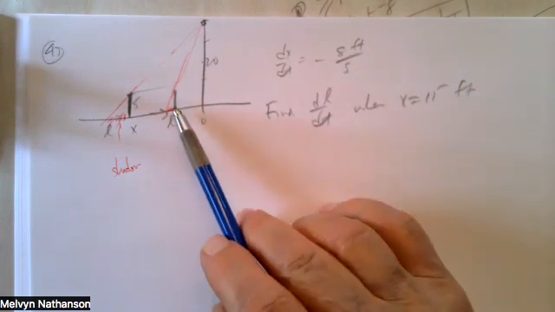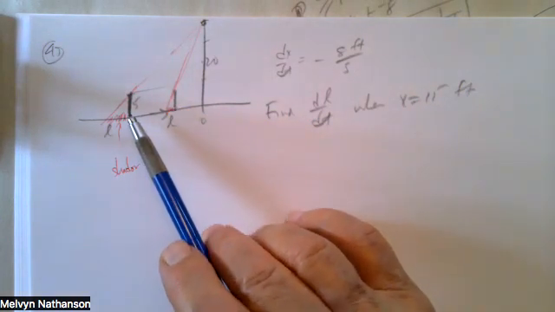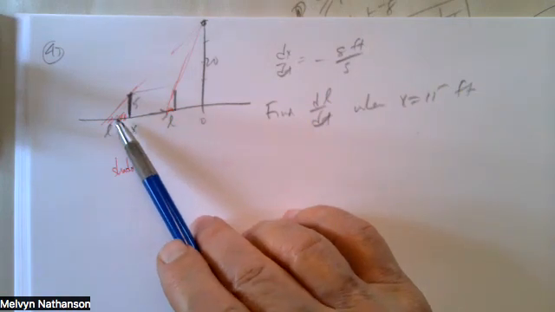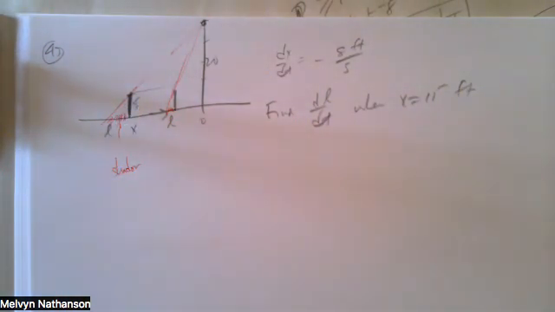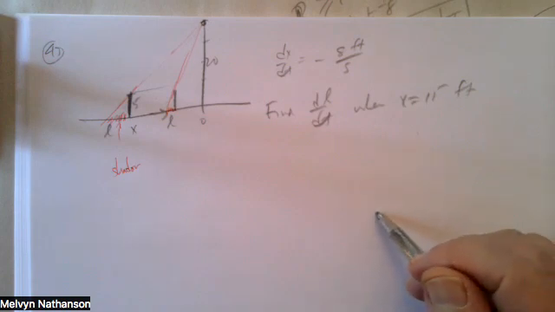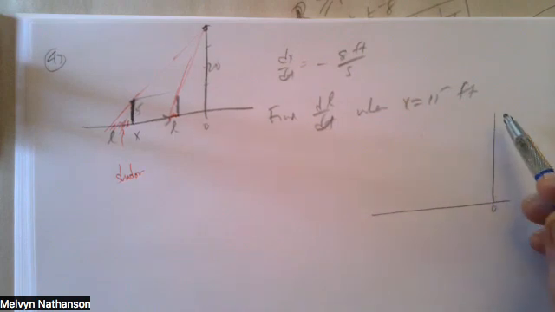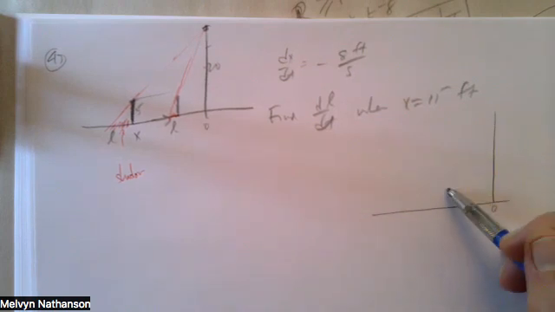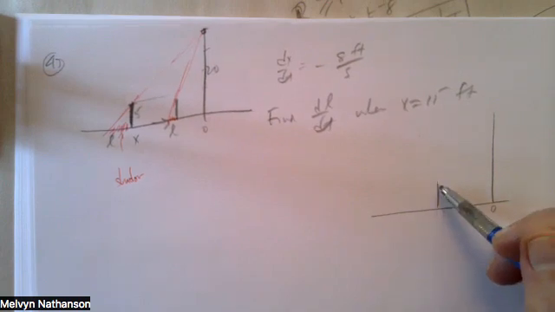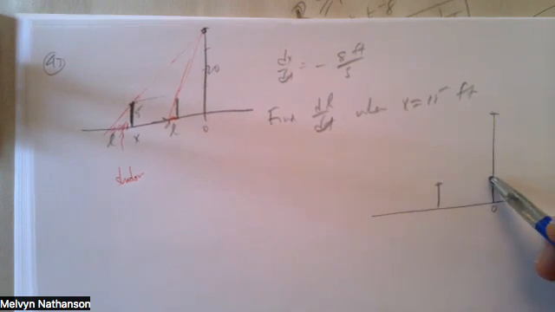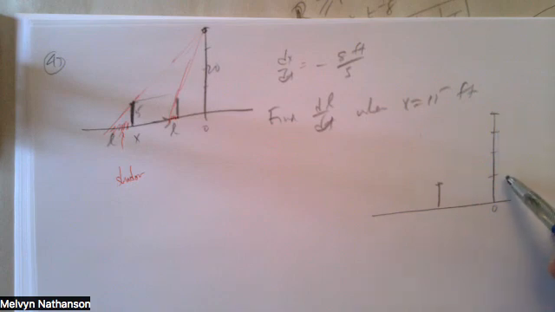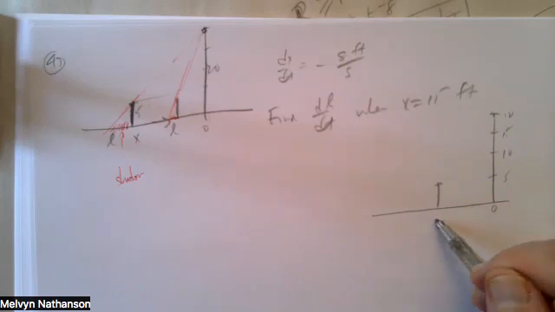So I have to find a relationship between the position of the woman and the length of her shadow. So this is a little bit of geometry. Let me draw this picture again. Here's the street lamp.